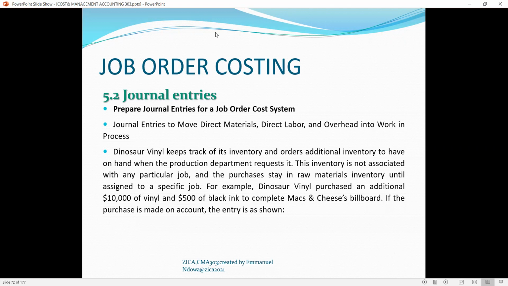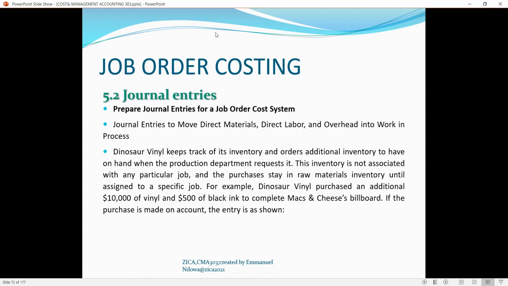So we are saying Dinosaur Vineyard keeps track of its inventory and orders additional inventory to have on hand when the production department requests it. This inventory is not associated with any particular job, and the purchases stay in raw materials inventory until assigned to a specific job.